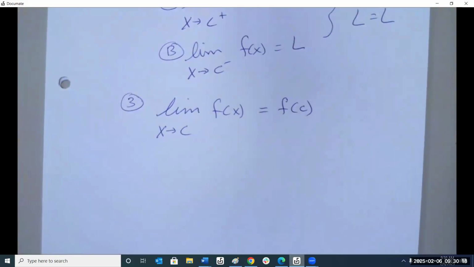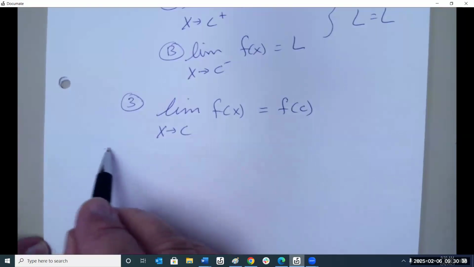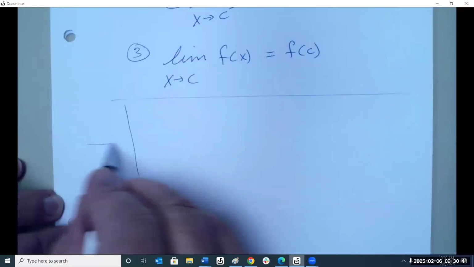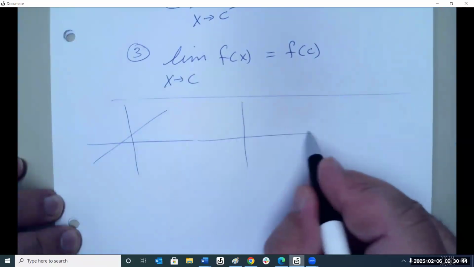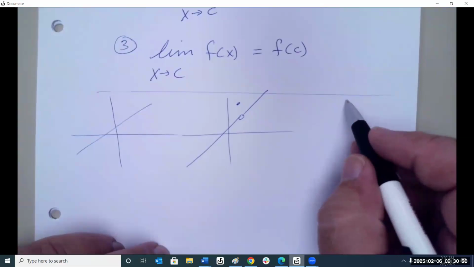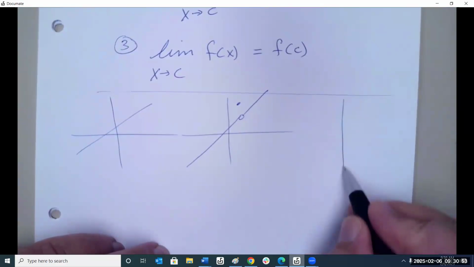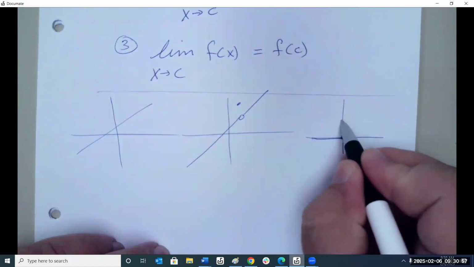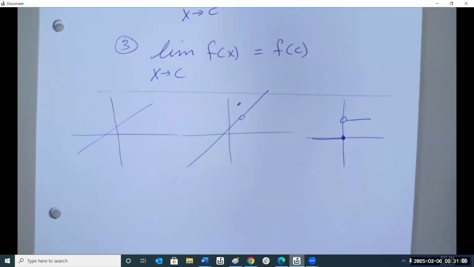That's what it says. Let's look at continuity.